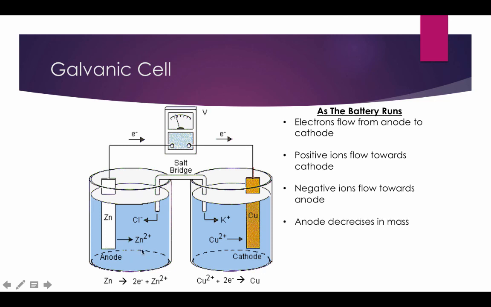Therefore, the anode decreases in mass over time, since the zinc atoms go into solution as zinc ions. Conversely, copper ions at the cathode become copper atoms and attach to the cathode, causing the cathode to increase in mass as the battery runs.